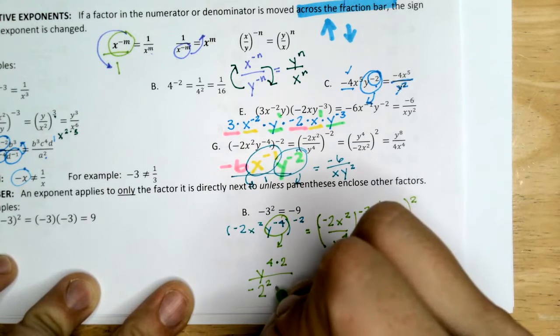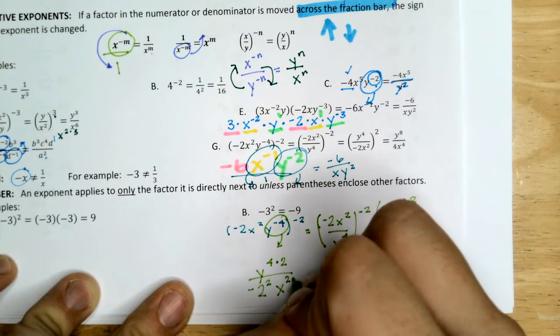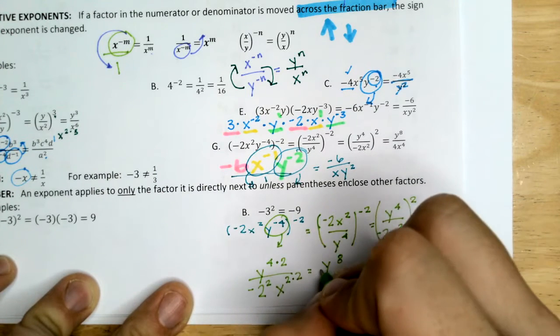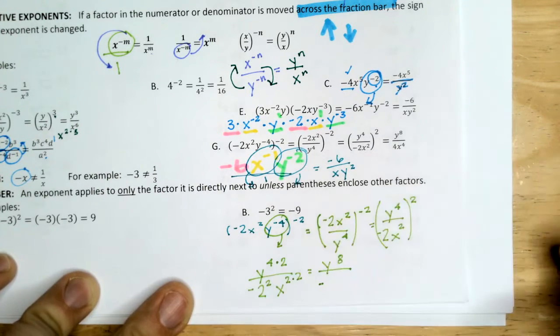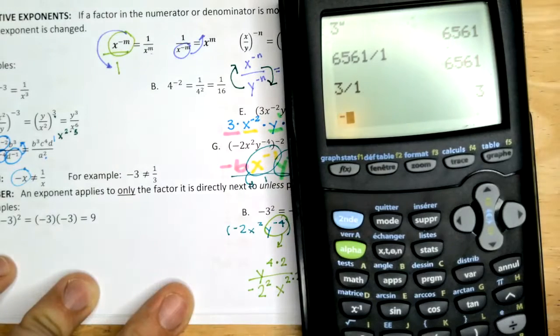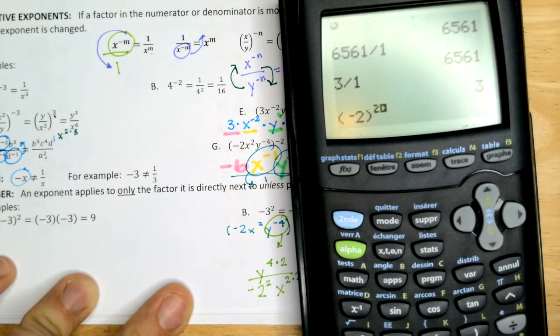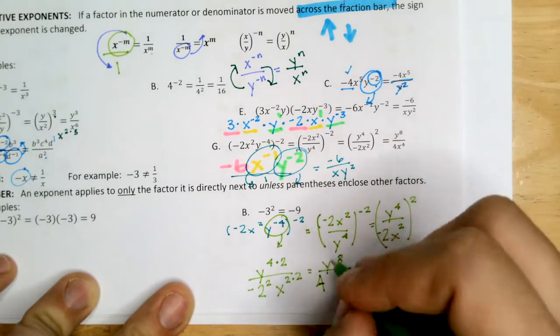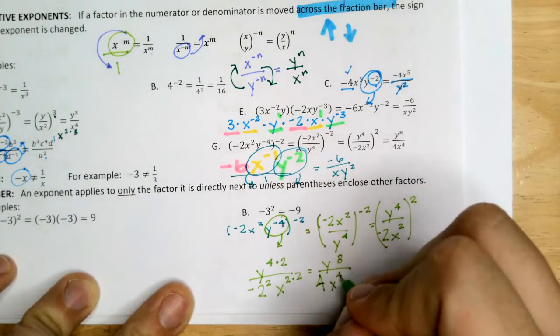Don't forget to distribute that. And then x to the second times 2, which is y to the 8th over -2 squared is a +4. And then 2 times 2 is 4.